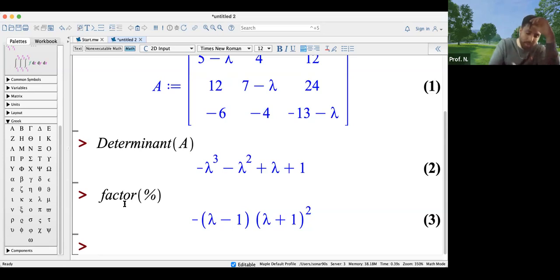So the characteristic polynomial here is negative lambda minus 1, lambda plus 1 squared equals 0. So the lambdas are lambda equals 1 and lambda equals -1. Maple is very helpful. Maple is a very powerful mathematical software package.